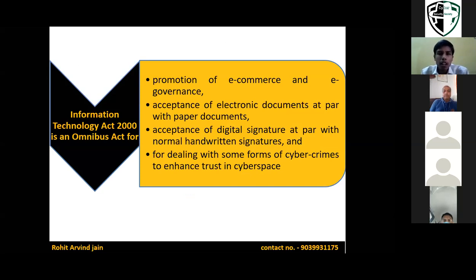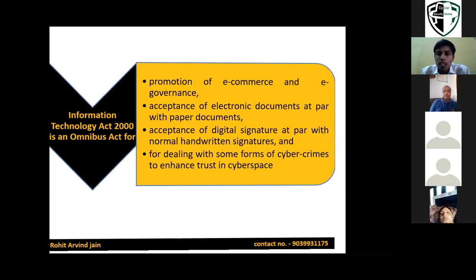So we required a proper law for governance, for e-governance and e-commerce, and our Information Technology Act 2000 came. The main aims are promotion of e-commerce and e-governance, acceptance of electronic documents as proper documents, acceptance of digital signatures as equivalent to normal handwritten signatures, and dealing with some forms of cybercrime to enhance trust in cyberspace. These are the main reasons we require the IT Act in India.